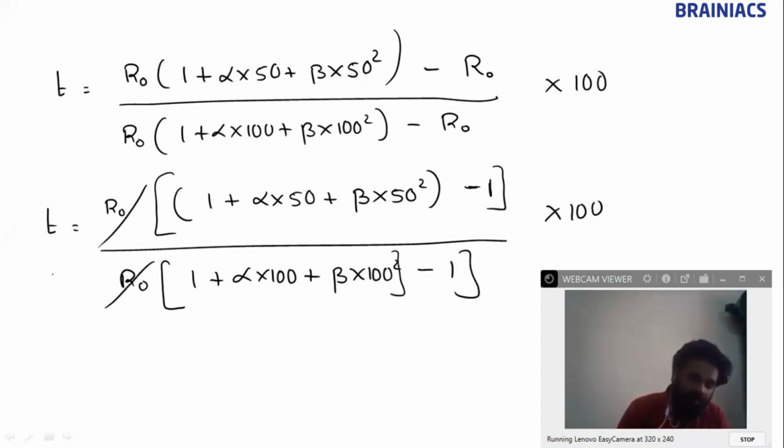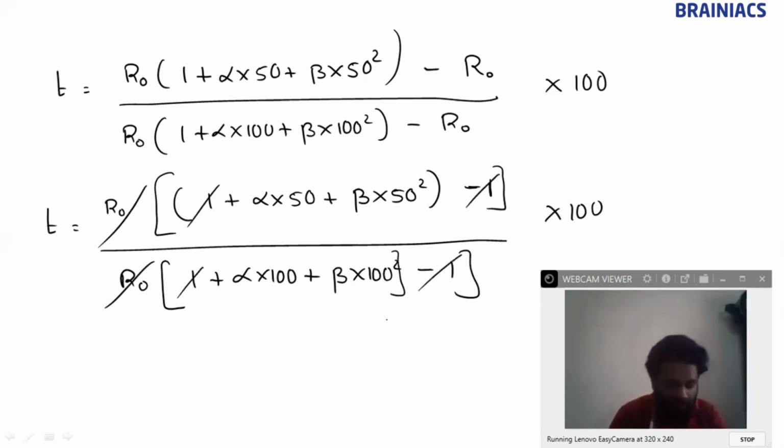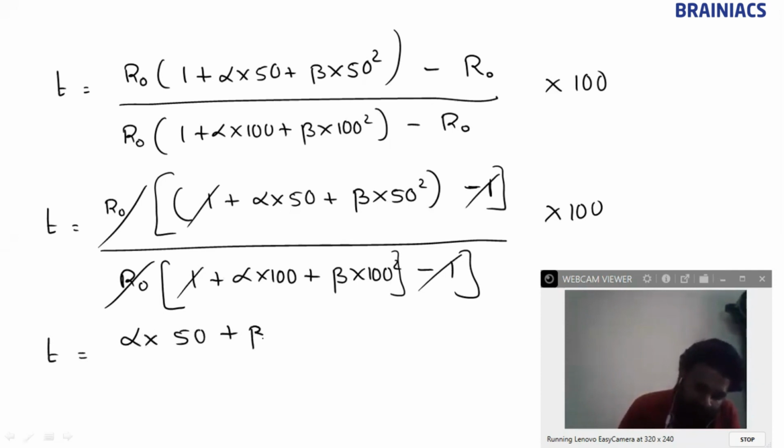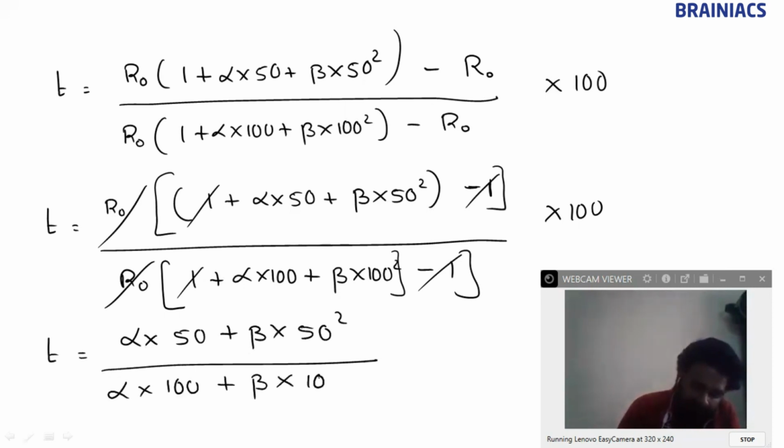So R naught will be cancelled off. Another thing is the 1s also will be cancelled off. So finally T is equal to what? Alpha into 50 plus beta into 50 square divided by alpha into 100 plus beta into 100 square.